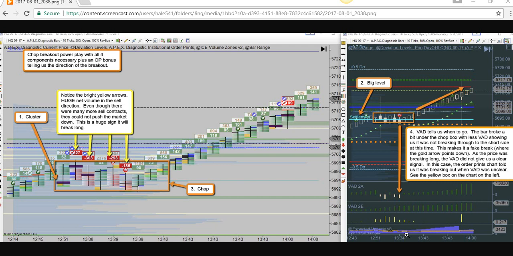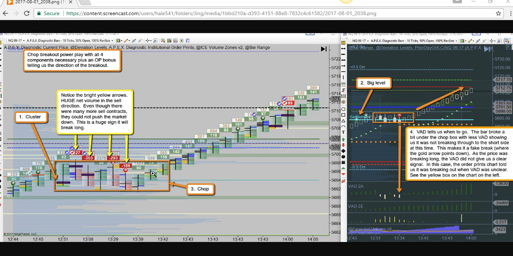This is not part of the power play rules, but just another helpful indicator you can learn down the road. You see that exceeding volume is building. You see that like a stair step. So even though VAD's not completely lining up with the exceeding aspect here, all these details really help us to see that the market's breaking out to the long side.